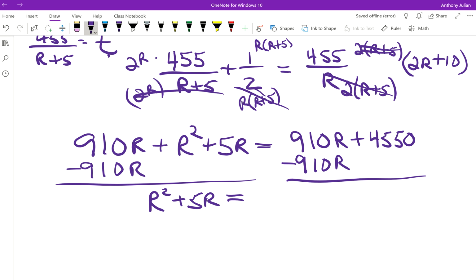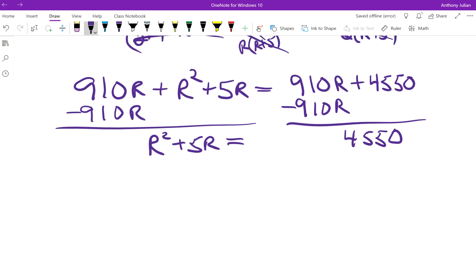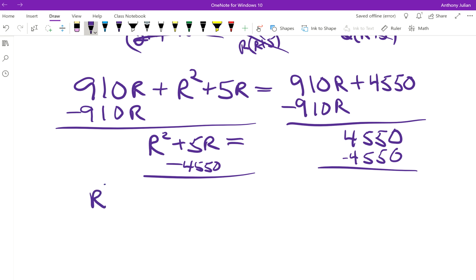That equals 4550. Subtract 4550, both sides. And my quadratic now is going to be r squared plus 5r minus 4550, and that's going to equal 0.